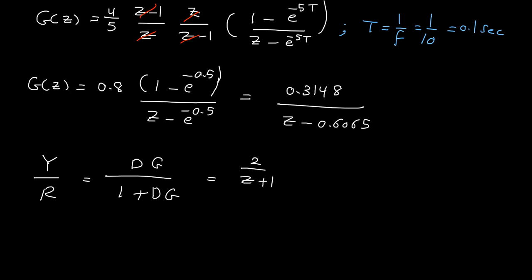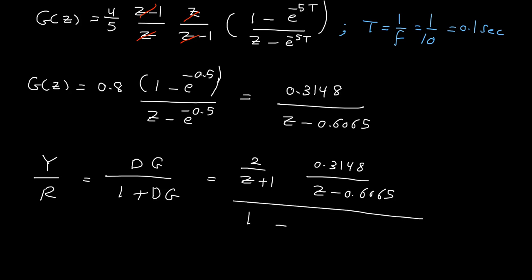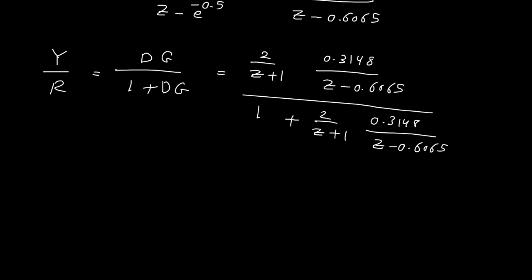G we already calculated here, which is 0.3148 over z minus 0.6065, over 1 plus 2 over z plus 1, 0.3148 over z minus 0.6065. Now if we simplify, this will equal 0.6368 over z minus 1.